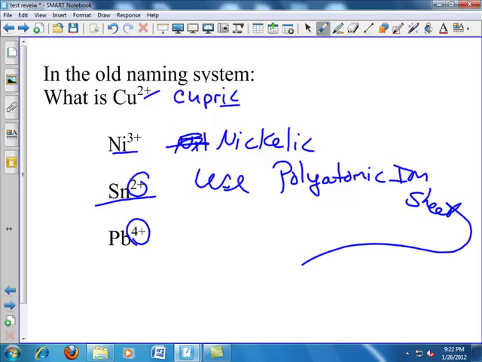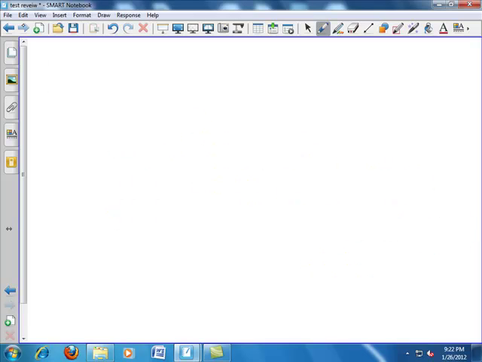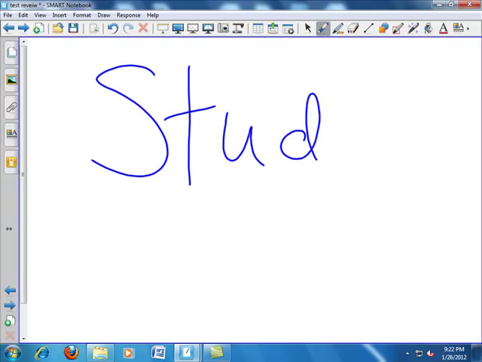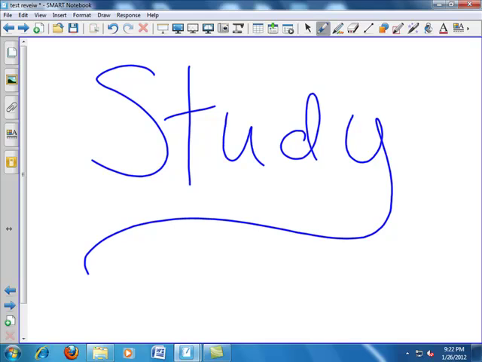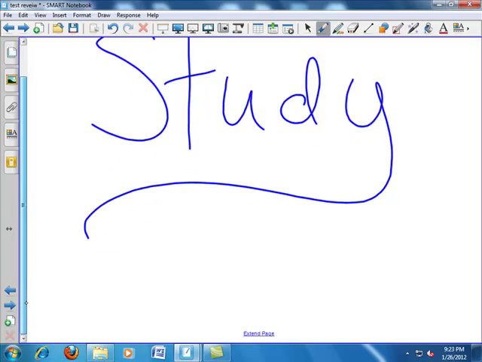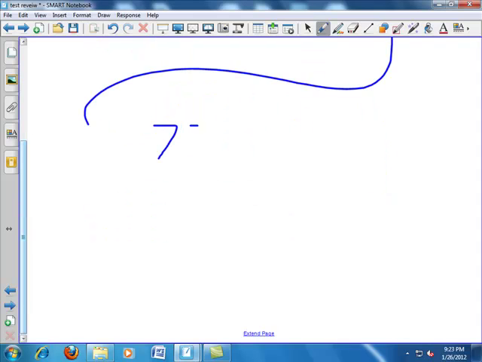I think this took me a lot longer than I was going to, but you must study. Do not come into this test thinking you understand everything, because remember, if you get 75% or below, you will retake this test, and it will be 120 different elements.